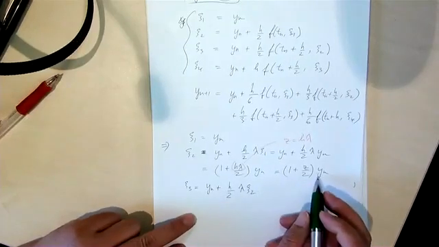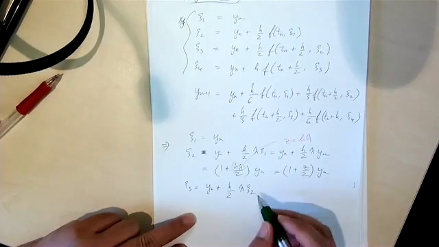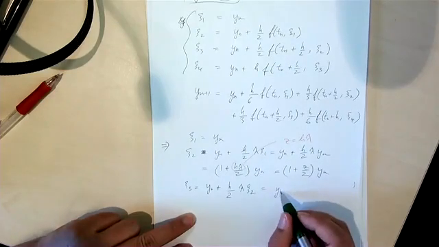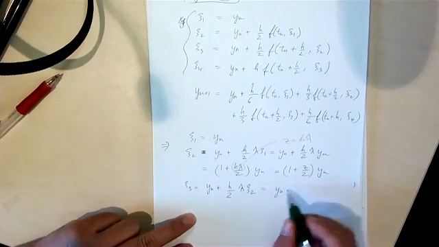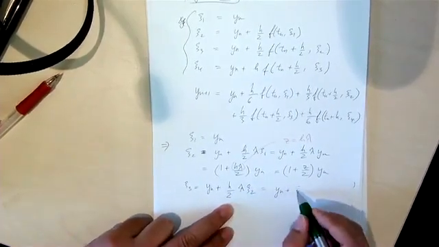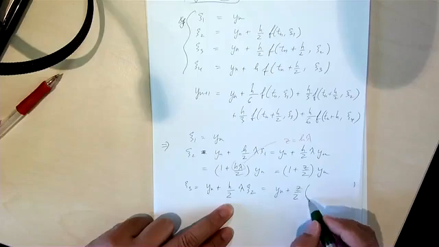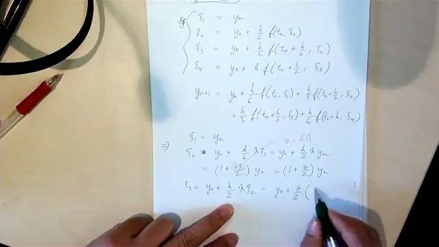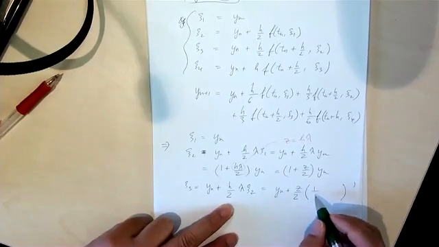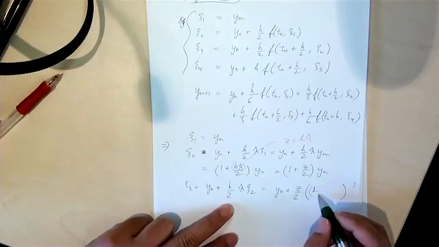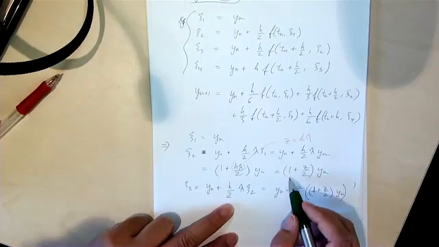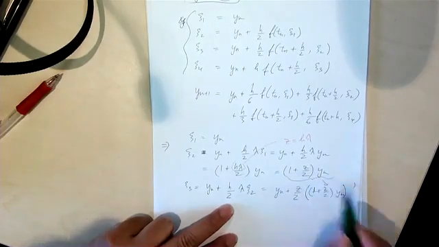My xi 2 is here, so I plug it in here. So I have yn plus, h lambda is just z over 2, right? So I have z over 2, then xi 2, which is 1 plus z over 2 yn. Remember this is my xi 2.